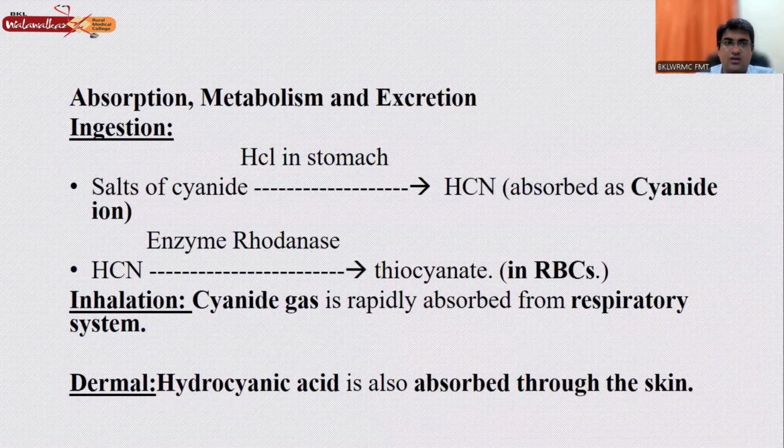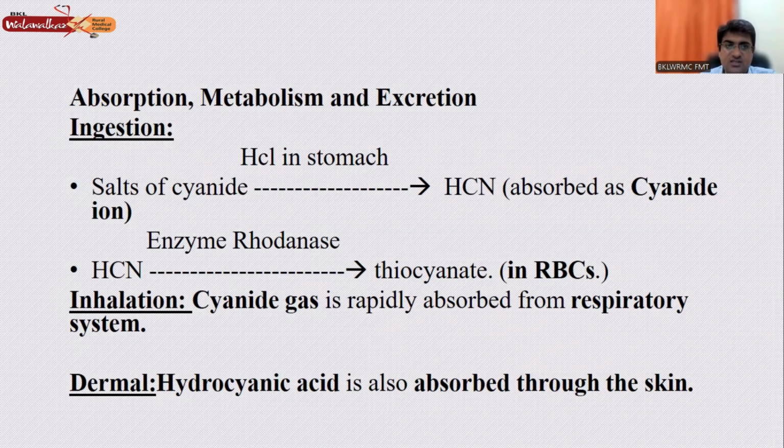So, the absorption. If this poison is ingested, then in the stomach the cyanide is absorbed in the form of hydrocyanic acid. Then the enzyme rhodanese, you have to remember this enzyme rhodanese, converts the hydrocyanic acid into thiocyanate in RBCs.